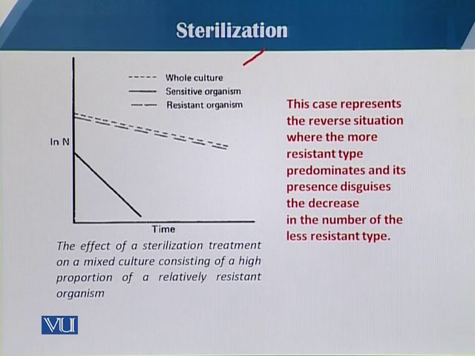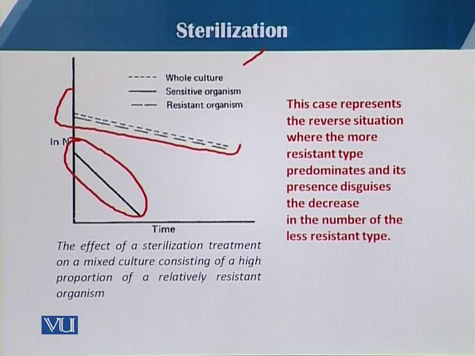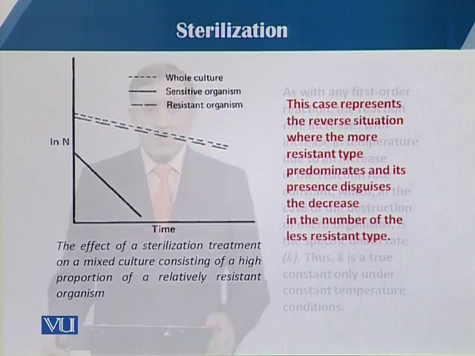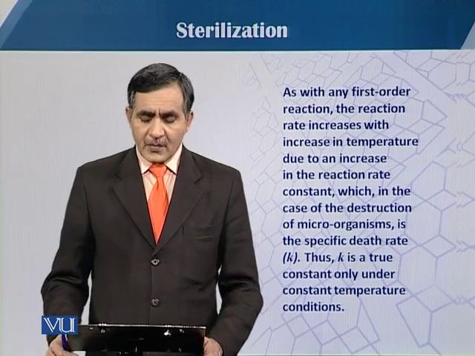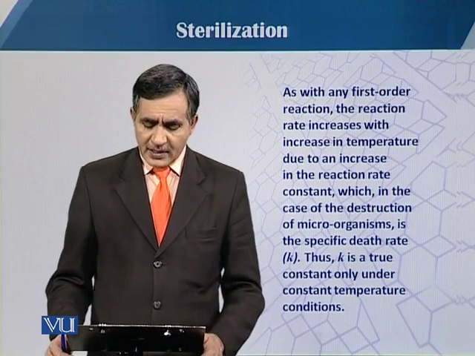As concerned the resistant organism, you can see here what the status is. When most of the contaminants are resistant, then we see this kind of relationship after the heat treatment.